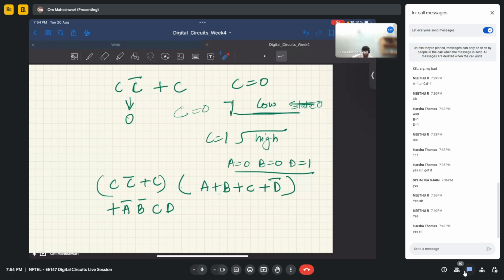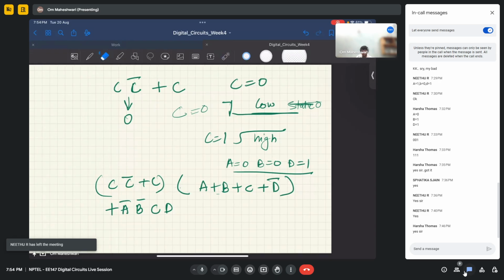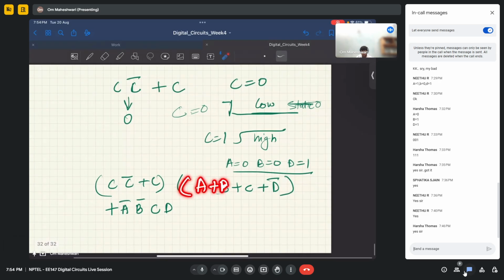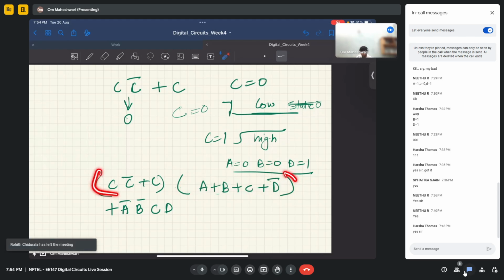What I've done here is, let's say when C is 0, basically we need to either do SOP or POS, right? This we have seen till now from static 0 and static 1. Now C, C bar plus C. Output when C equals 0, we should get 0. So to get that 0, we multiplied this POS form A plus B plus C plus D bar, where when C equals 0, you will get the whole term to be 0.